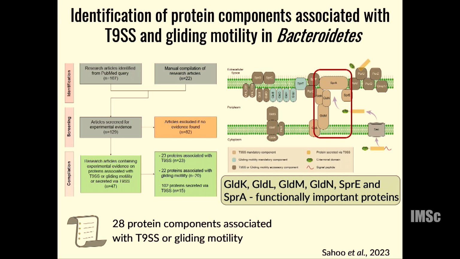Last question, in the interest of time. It's a very nice overview of this work. I'm just wondering, is there a relationship between different secretion systems? We have not actually done that, but there are papers that tried to see whether these components are present in other secretion systems, and they did not find any homologs in bacteria where T9SS is not present.